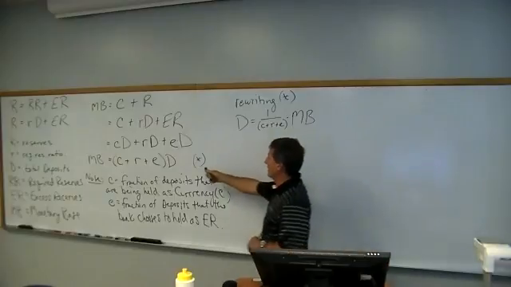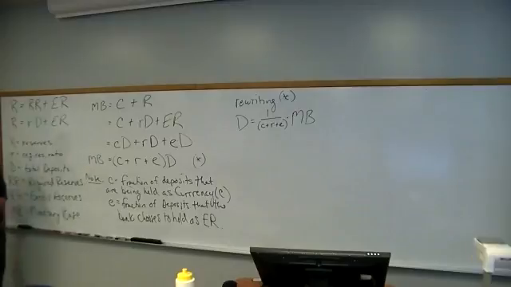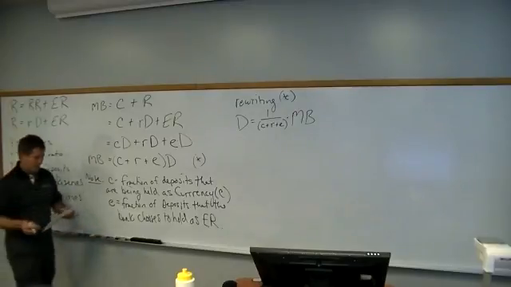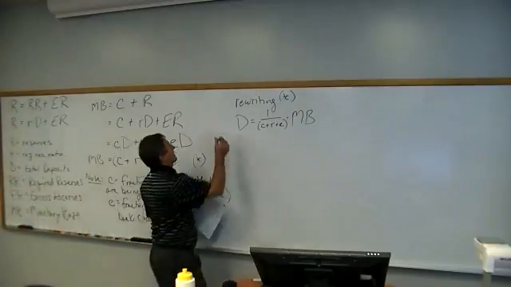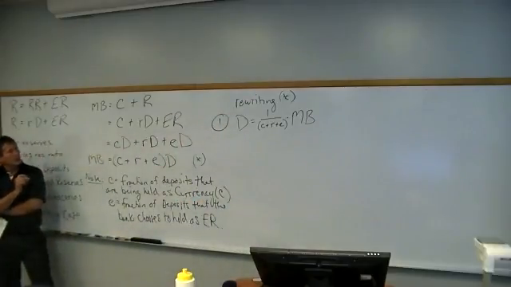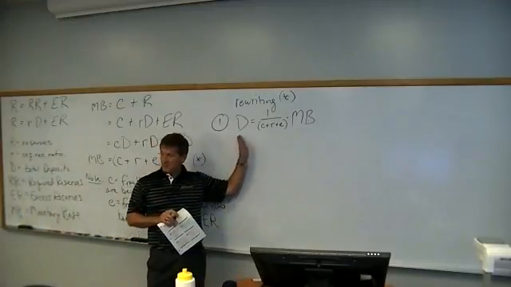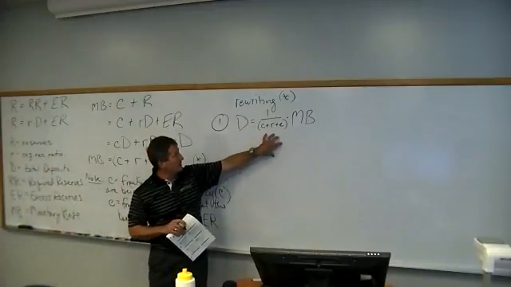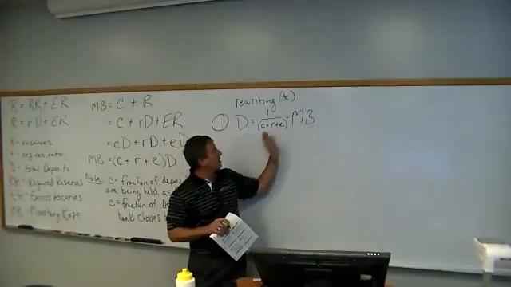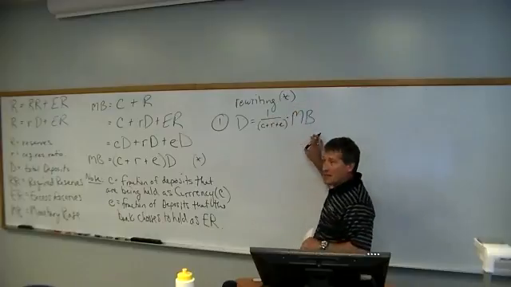All I did was flip this over to the other side. Let's call this equation 1. Deposits in the banking system can be shown to be a fraction, or it turns out to be a multiple actually, of the monetary base.